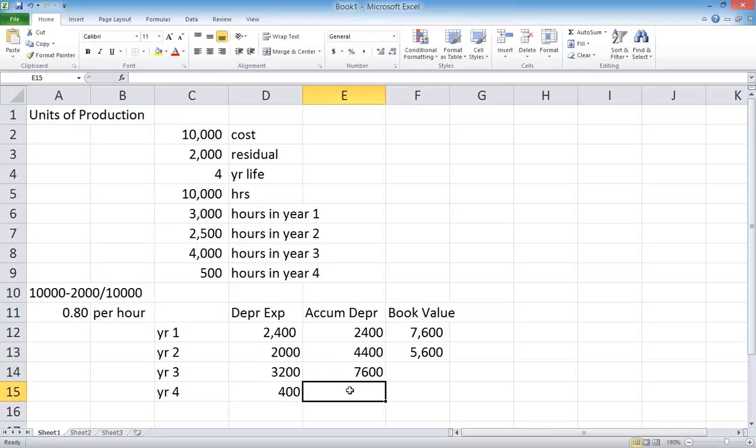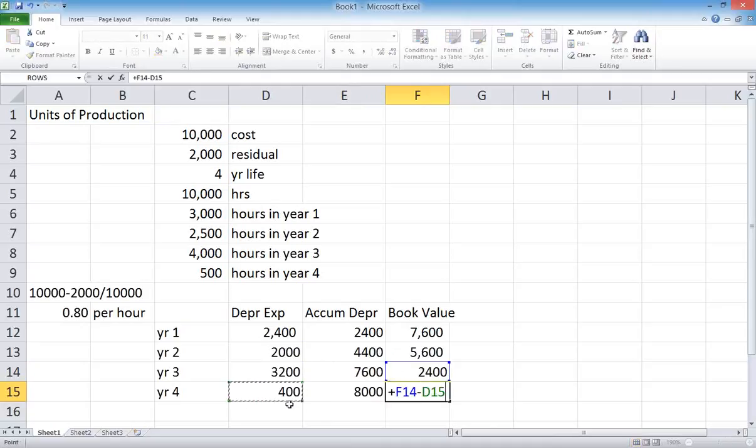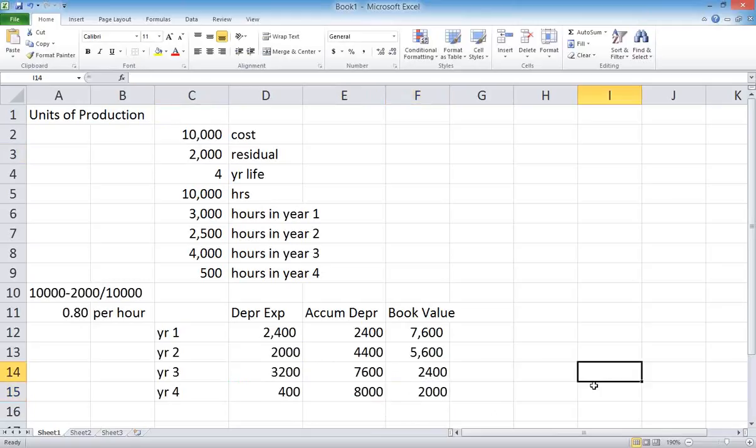So just continue to add my years on, to end up with my book value of 2,000, which was my residual value.